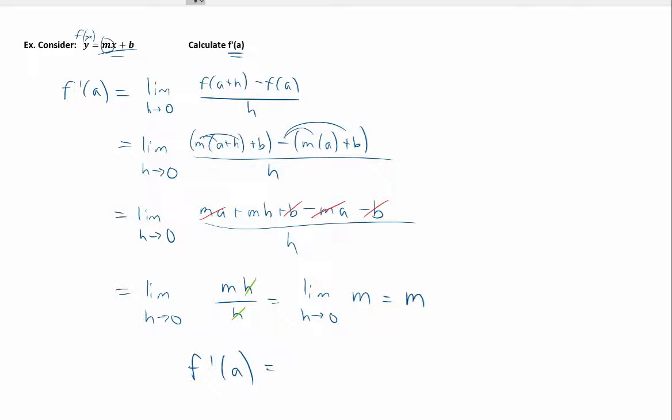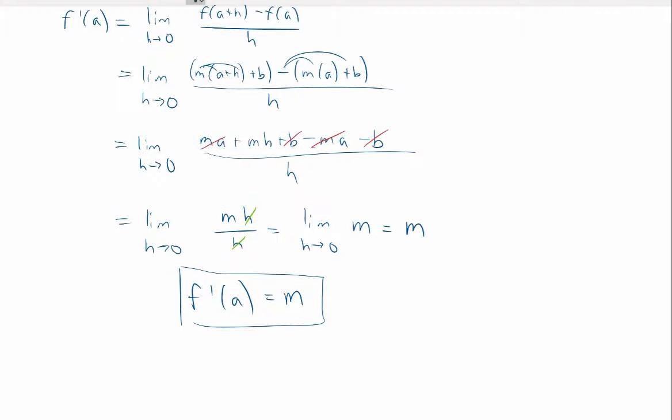So the derivative at any particular value a would be equal to m.